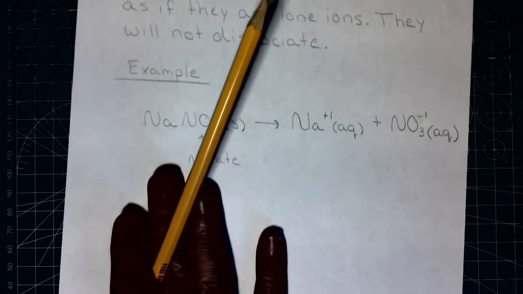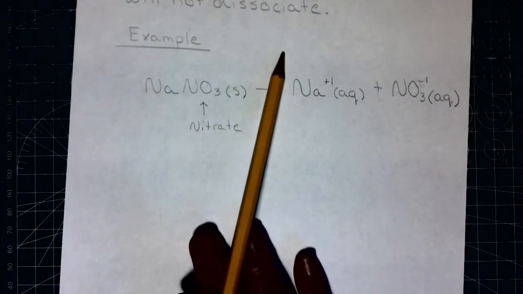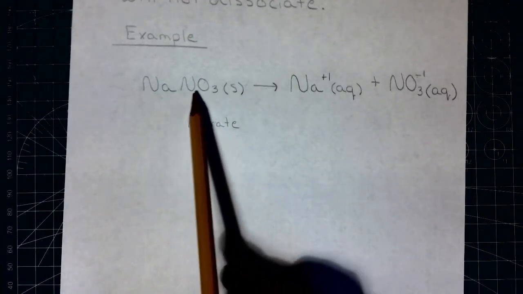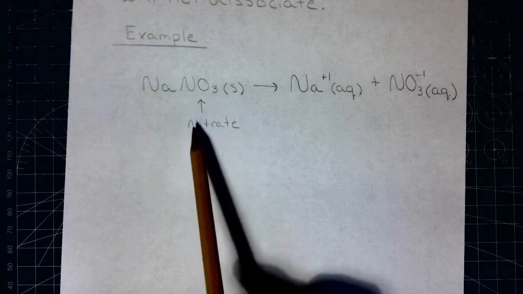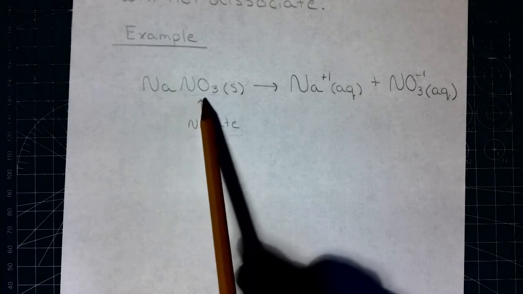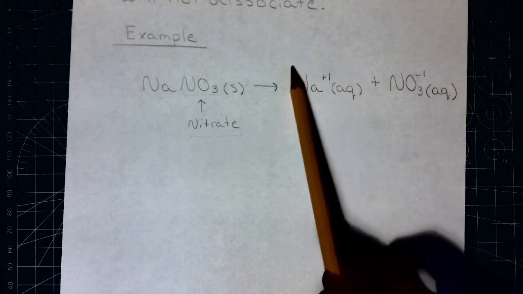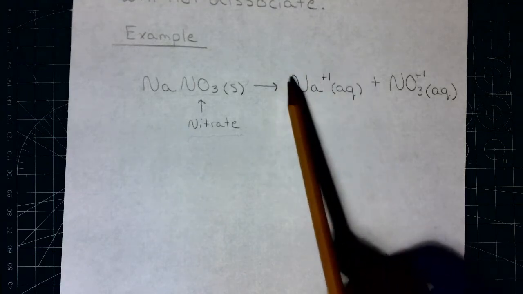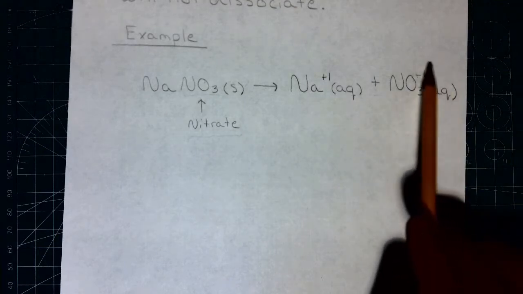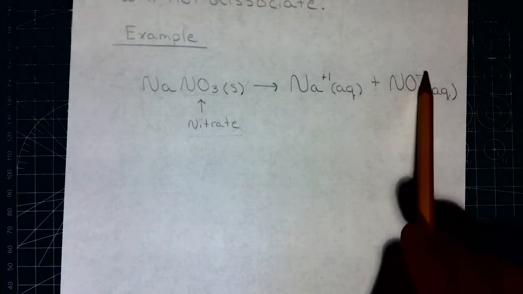And this is probably simply illustrated by an example. So here I have sodium, and this guy together, NO3, is what they call nitrate. So this is sodium nitrate, and it's going to dissociate out into aqueous sodium ions, cations, plus this nitrate polyatomic ion with a -1 charge.